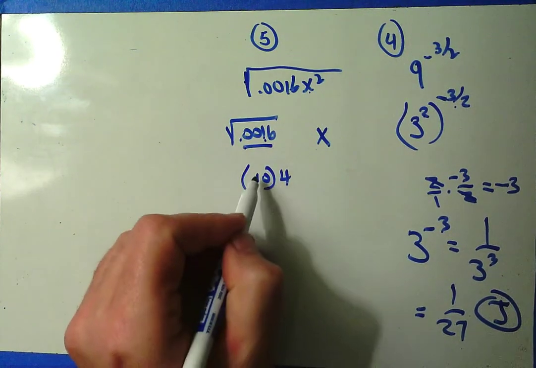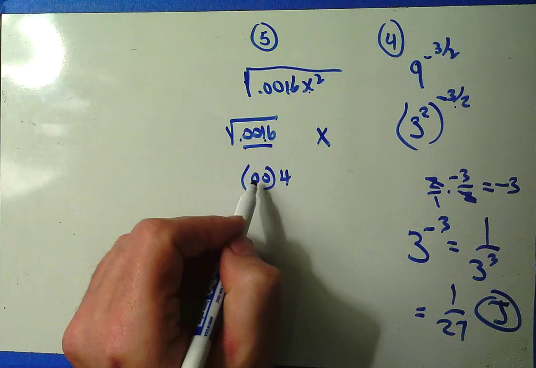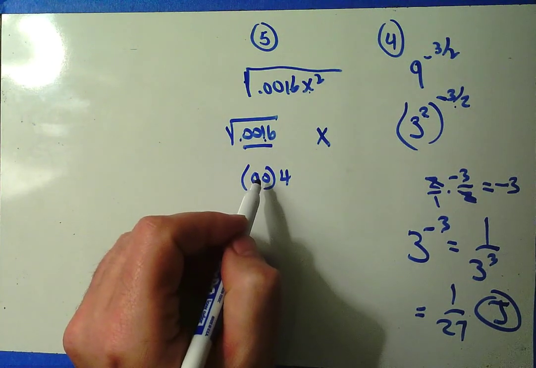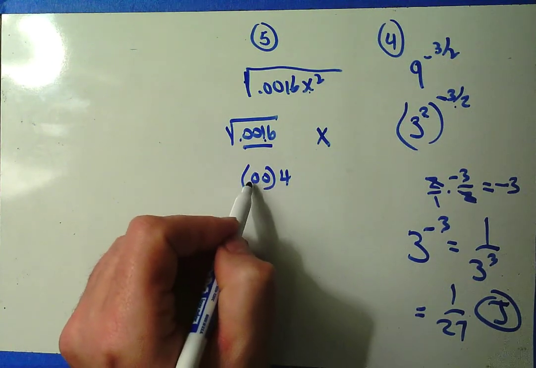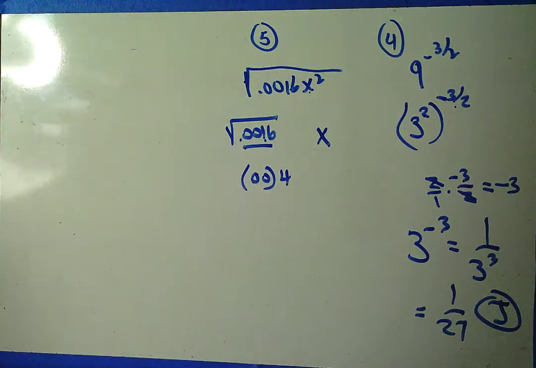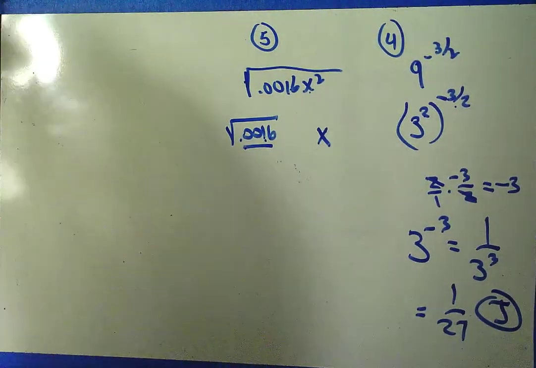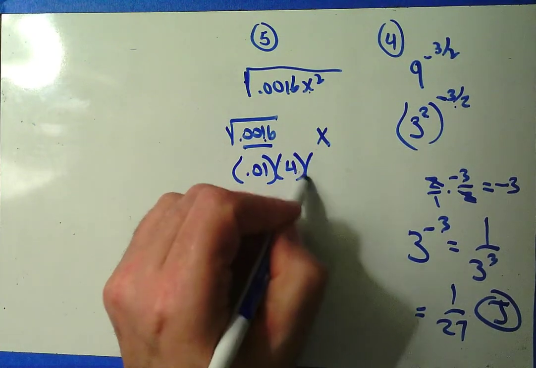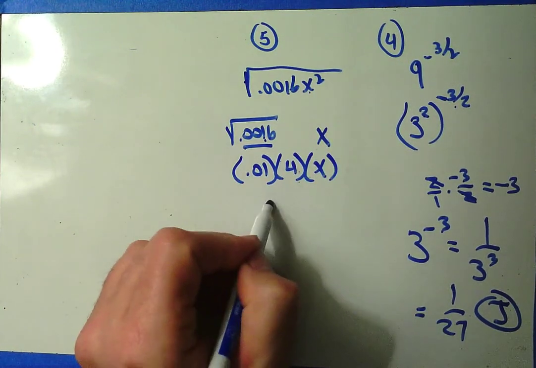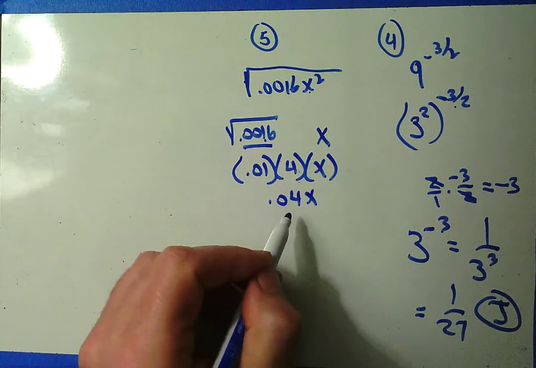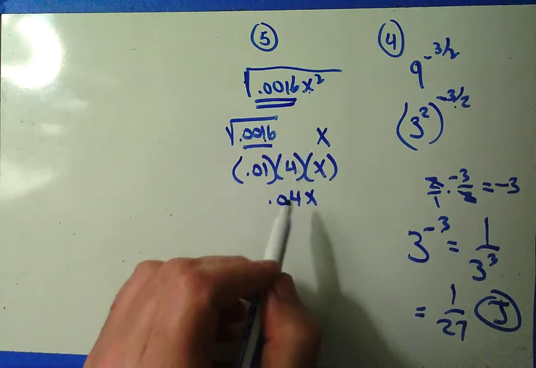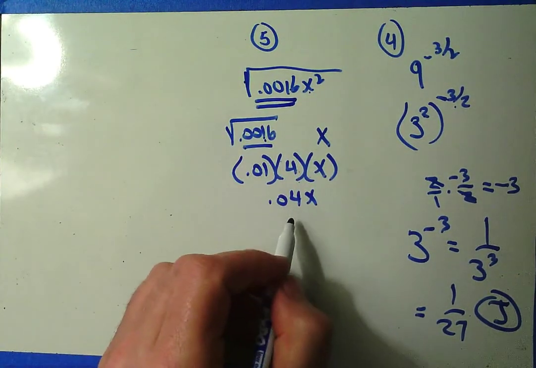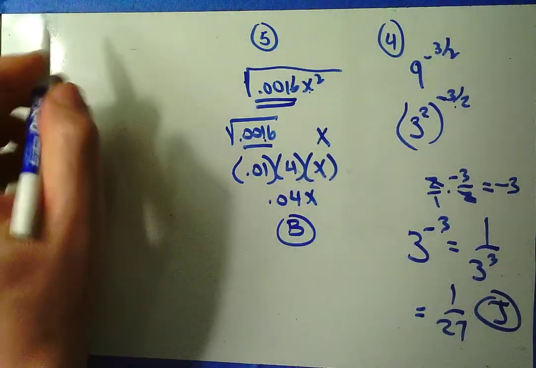So I've got 0.01 times 4 times x, or 0.04x. Of course, you could always do this part on your calculator. We end up here with choice B.